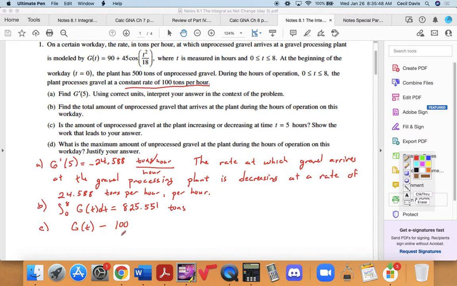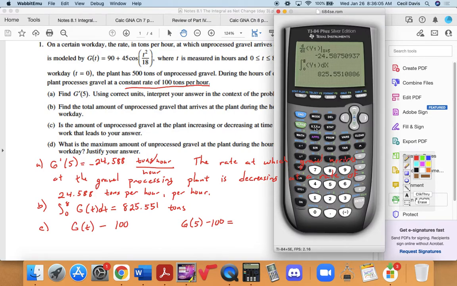Okay, so at 5 hours, that's going to be g of 5 minus 100, which is equal to, well, I can figure out what that is. Y1 of 5 minus 100. I think your calculator will let me do that.